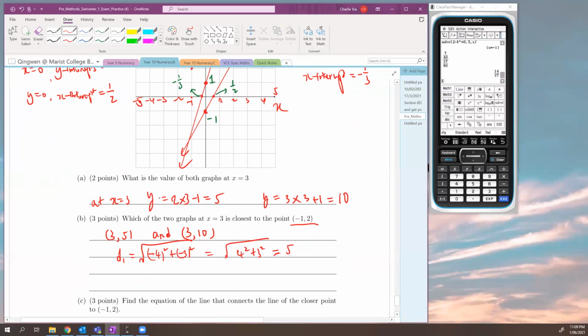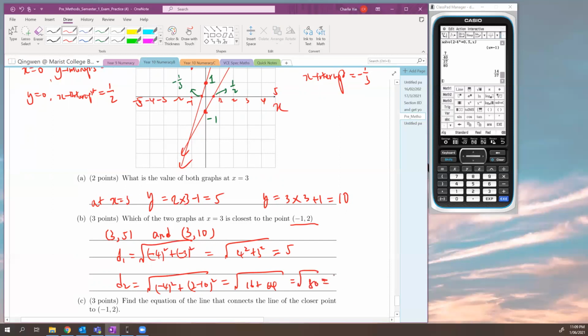Okay. And the second distance, square root of, again, we do -1 minus 3, -4 squared, plus 2 minus 10 squared. 16 plus 64, square root of 80.